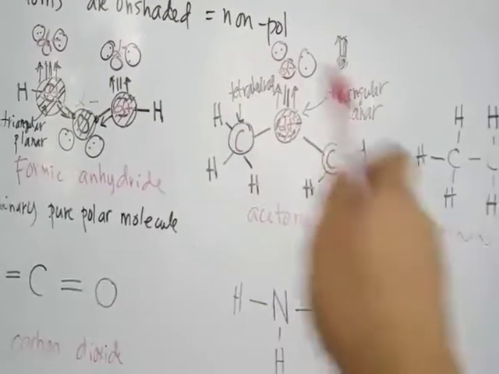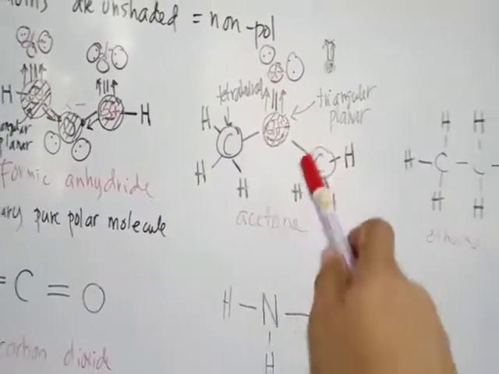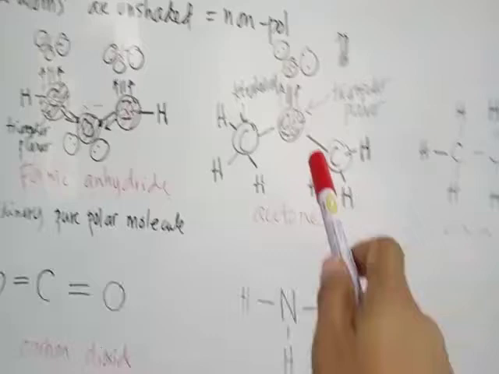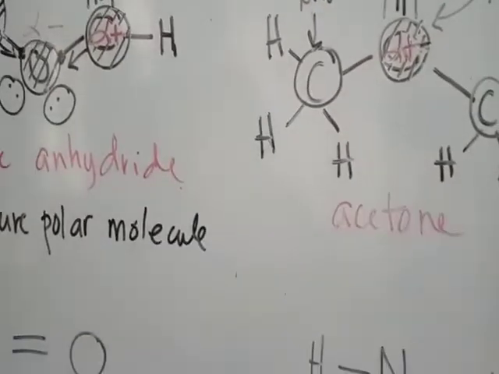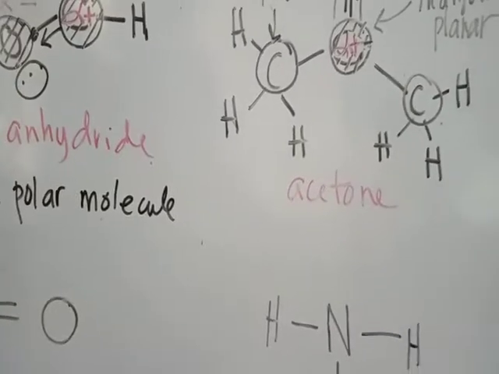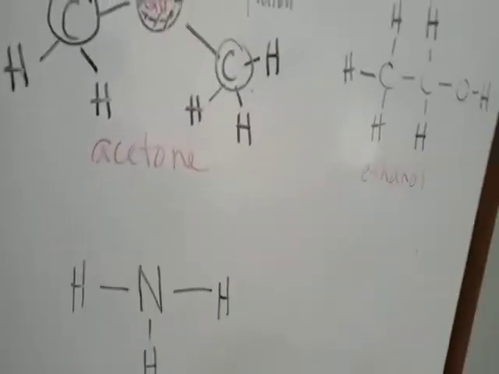How do you call a structure with shaded and unshaded central atoms? They are called amphipathic. So the acetone is an amphipathic structure. The structure of acetone is an amphipathic structure.